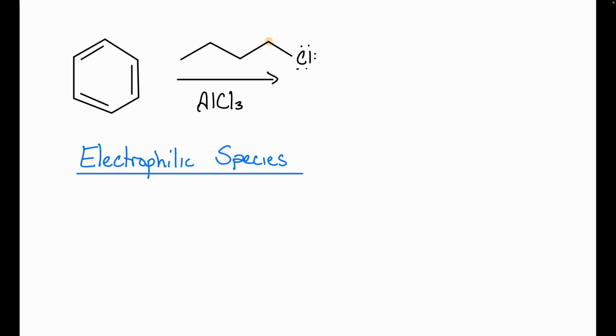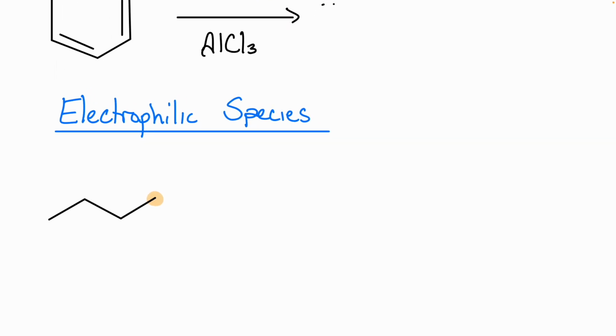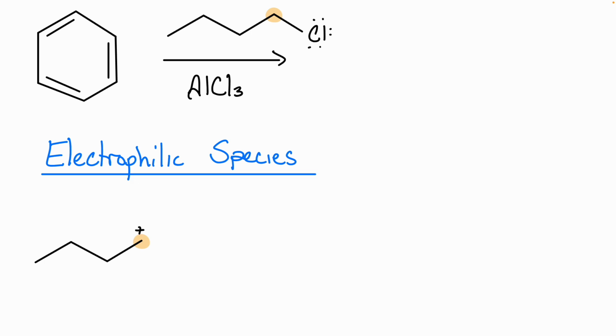Right, so again, my chlorine's going to be removed, leaving me with this primary carbocation. All right, but is this thing going to be happy? No, what's going to happen to our electrophilic species here? Yeah, we got to watch out for our shifts whenever we have our carbocation intermediates. And so absolutely what's going to happen is a hydride shift to create that more stable secondary carbocation.